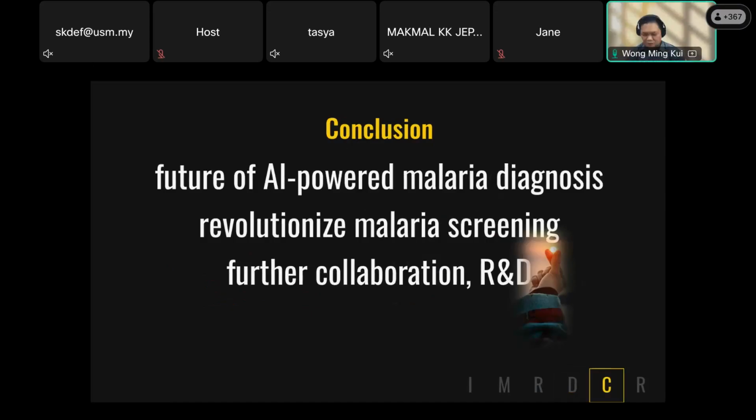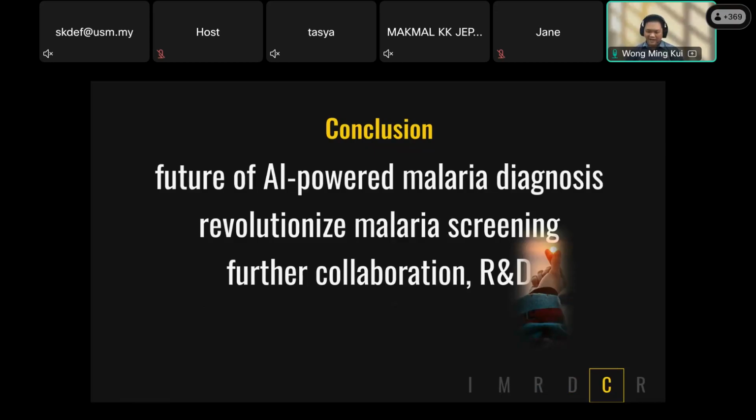So the conclusion, finally: the future of AI-powered malaria diagnosis. We have revolutionized how malaria screening can be done. From now on, if we use an AI model, we can do mass screening of malaria. Previously, we did malaria screening one by one, one slide after another by microscopy, or even using RTK one by one. But using an AI model, we can do mass screening.